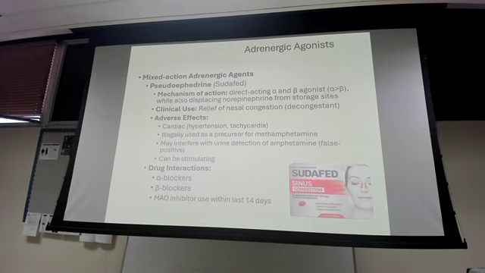Looking at your adverse effects, the other thing that we like to tell our patients is that because it can be activating, it can cause some patients to have hypertension and tachycardia. So it's not an absolute contraindication in our patients who have high blood pressure. But if it's very high and not controlled, we will typically try to make them stay away from this because we could put them into an unsafe range with their blood pressure.